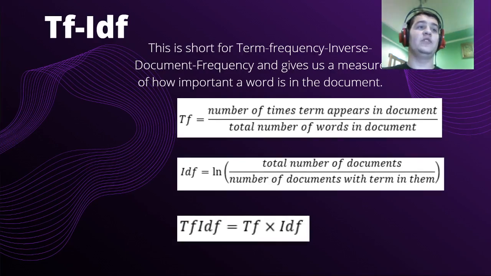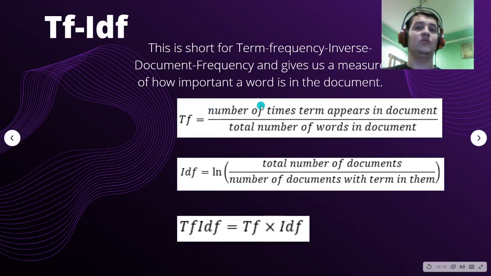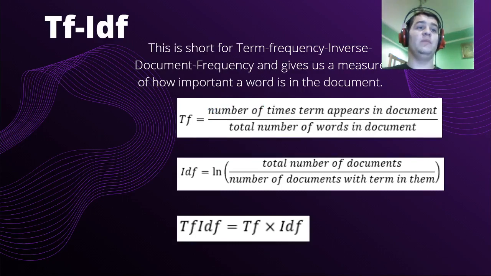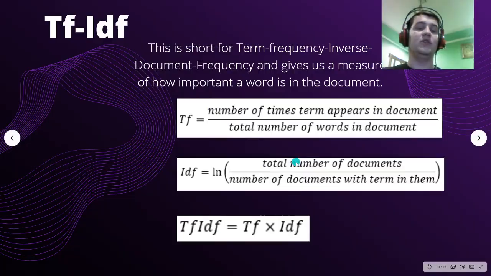The inverse document frequency measures how rare a term is across all documents. The higher the value, the rarer the word. It is the natural log of the total number of documents divided by the number of documents with the term in them. And we combine them to get TF-IDF by multiplying them.